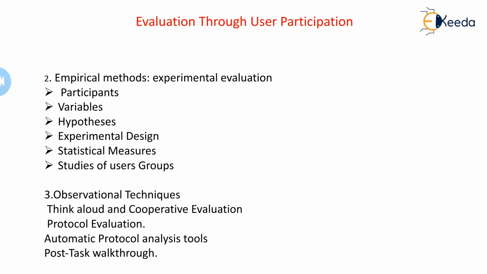Then you have experimental design. In order to produce reliable and generalizable results, an experiment must be carefully designed. The first phase of experimental design is to choose the hypothesis, to decide exactly what we are trying to demonstrate.